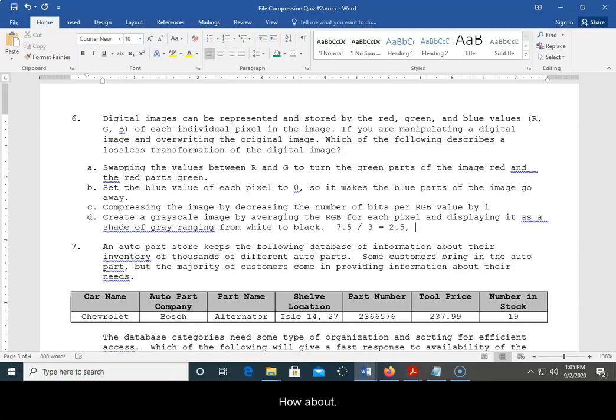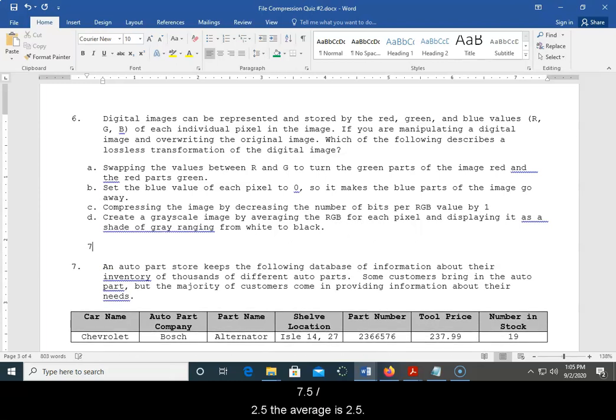How about, let's do this down here. 7.5 divided by 3, the average is 2.5. 2.5 divided by 1 equals 2.5.